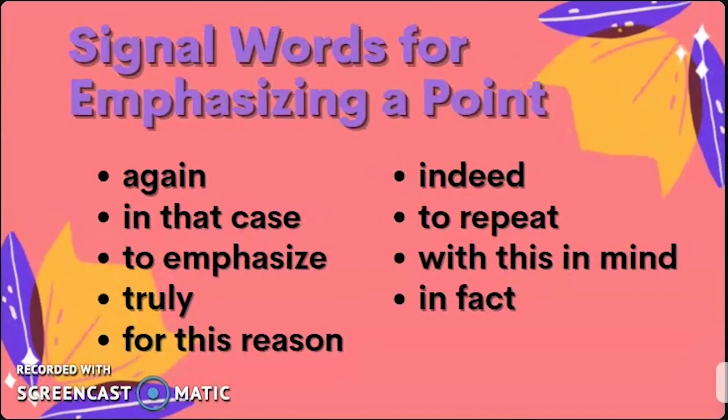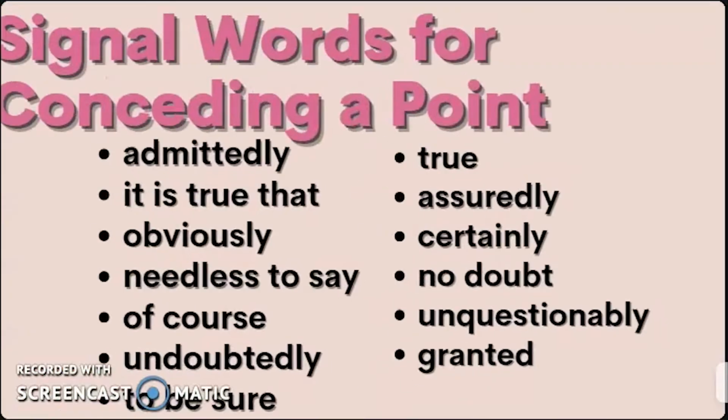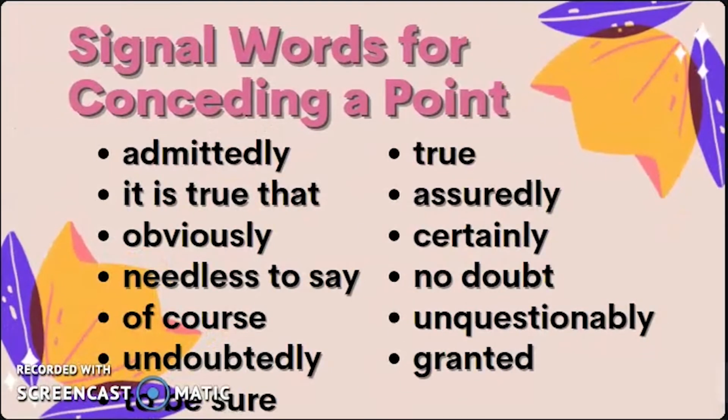There are different signal words that could be used in writing a persuasive paragraph, just like the following. These signal words could be used if you want to emphasize or highlight a point. When conceding a point or acknowledging others' points, the following signal words may be used.